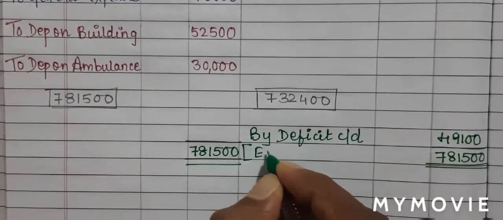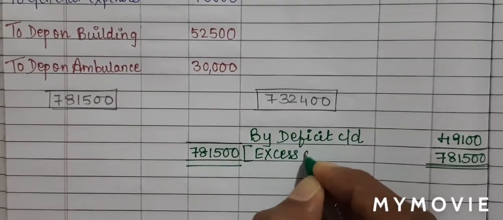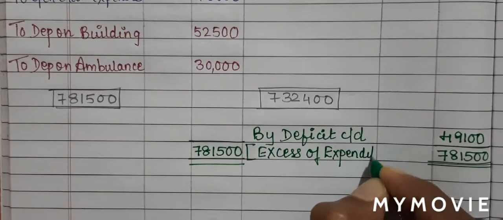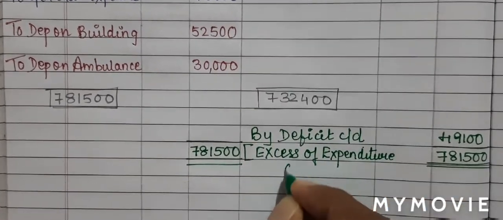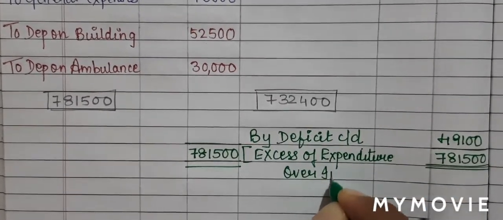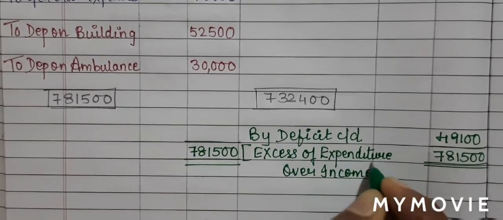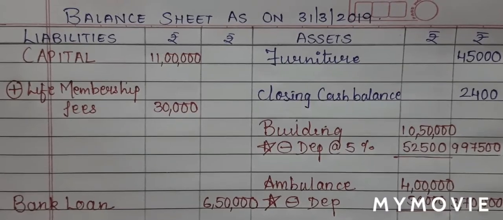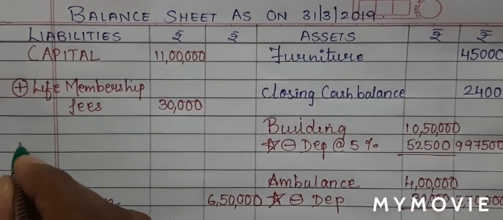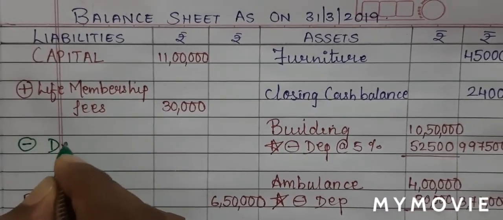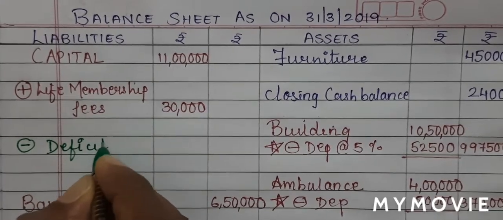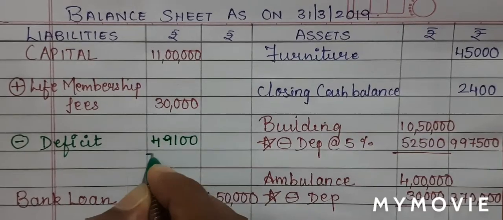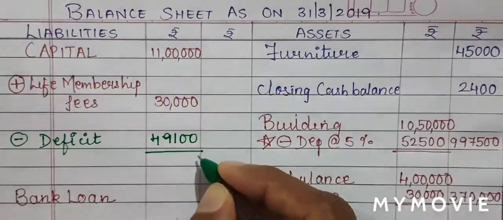In the bracket, I will write excess of expenditure over income. Now since the concern has got a deficit, we will write less deficit 49,100.